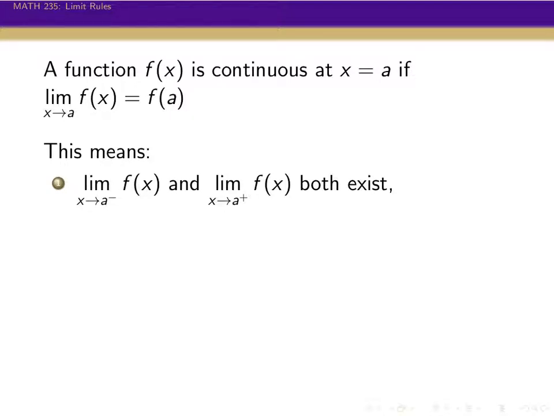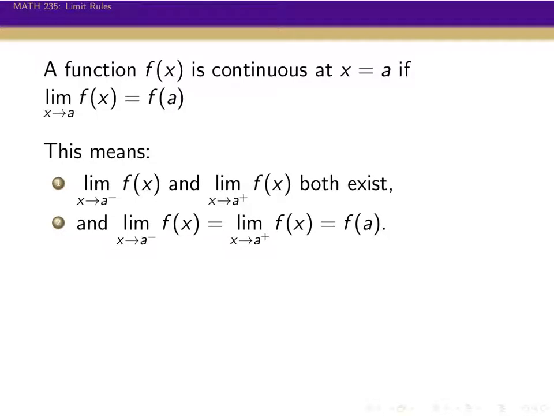Well, since we have the limit there, both one-sided limits for f of x exist. And more than that, to have the limit as x goes to a, those two one-sided limits have to equal each other. And then what are they equal to? The value of the function there. So when we're talking about continuity, we're really breaking this down to thinking about the two one-sided limits going to the same place, and they're going to the value of the function.